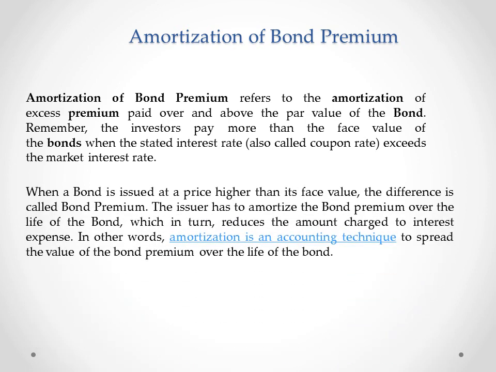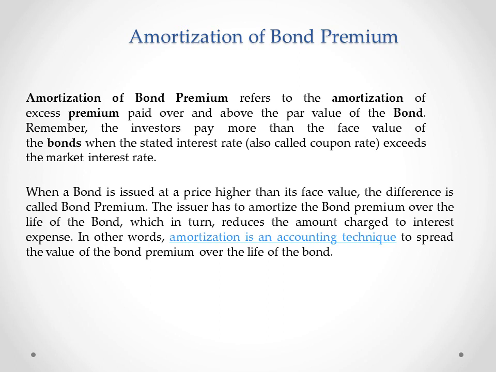So this bond premium, the company will make it in order to record the excess of the face value of the bond over the market value of the one that's prevailing in the market. So now the company knows that investors will come and buy its bond because its bond will offer an interest rate higher than the one in the market. So the company now will increase the selling price of its bond.